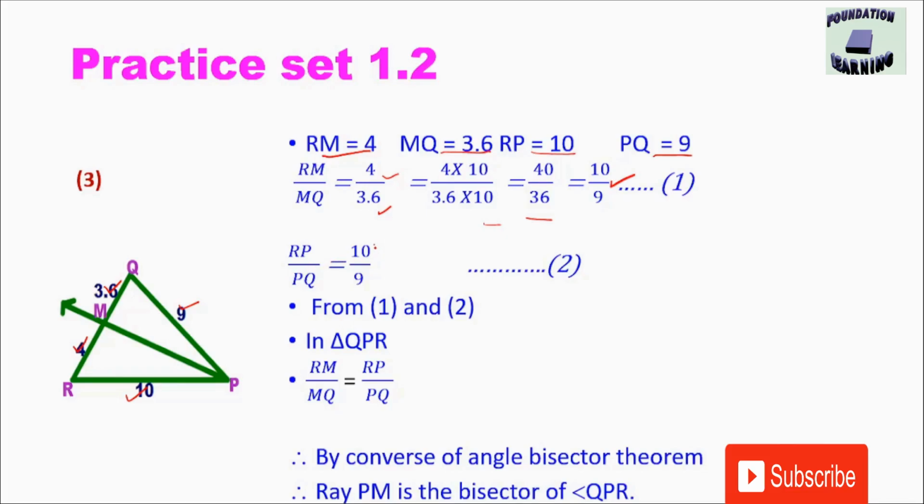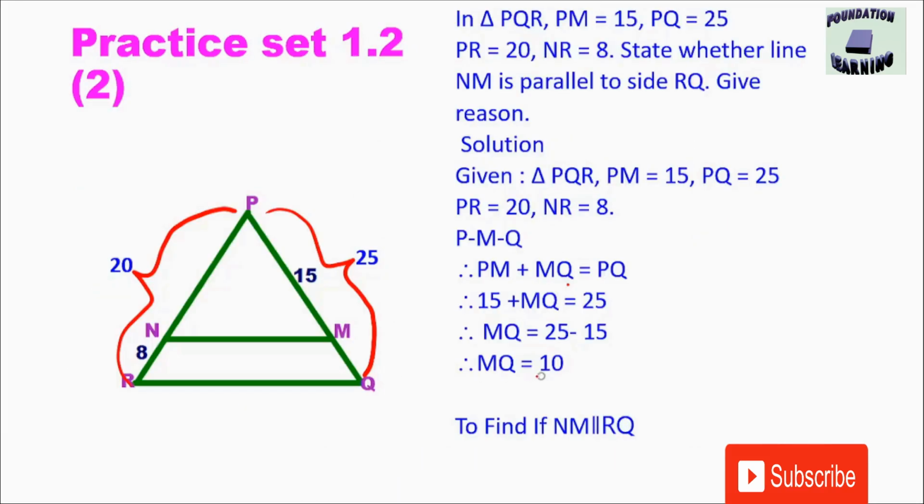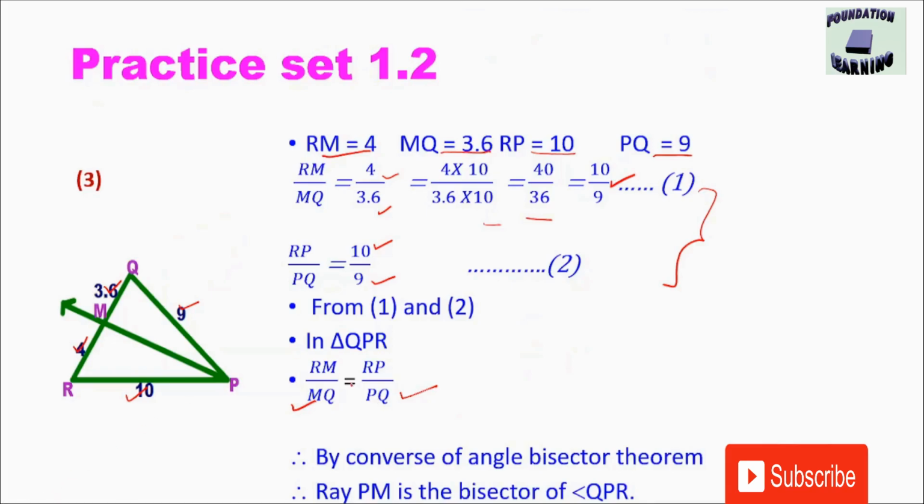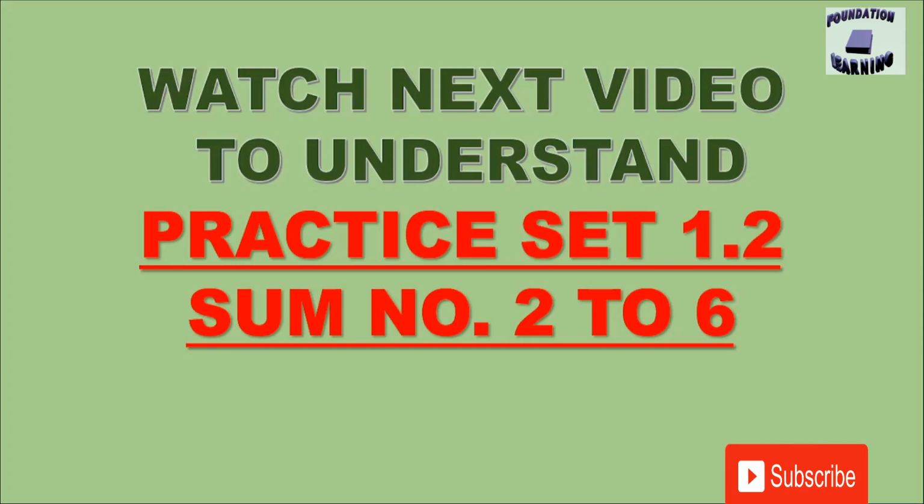RP is 10, PQ is 9. Therefore, comparing 1 with 2, we find that RM is to MQ is equal to RP is to PQ. Therefore, by converse of angle bisector theorem, PM is a bisector of angle QPR. Next video, we will understand sum number 2 to 6 of practice set 1.2.